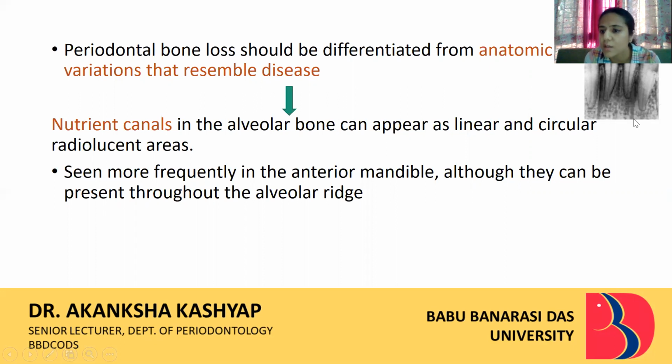Like here, these are the nutrient canals, which are foramina that carry blood vessels. They can appear as linear and circular radiolucent areas, seen more commonly in the anterior mandible, and on radiographs it is sometimes very difficult to differentiate them from periodontal disease.